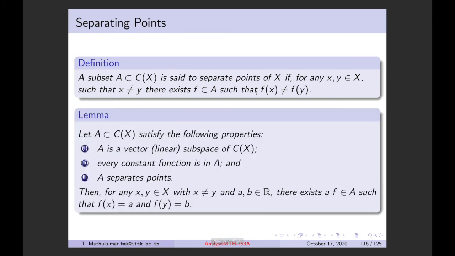Now with this, let's look at a property of some subsets of C(X). So suppose A is a subset of C(X) which has the following properties. One, it is a vector subspace of C(X).